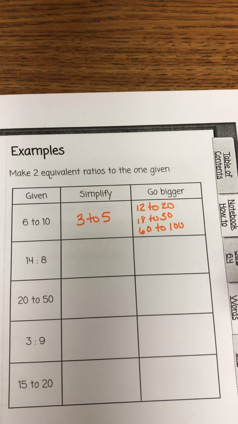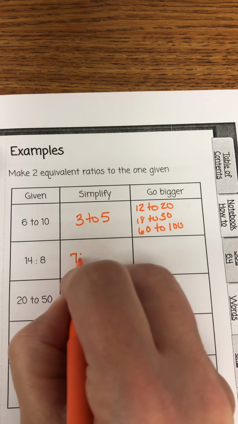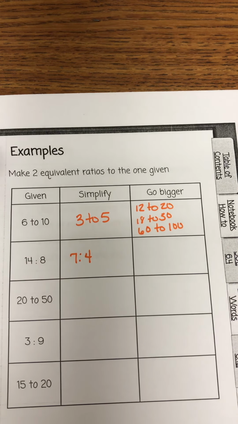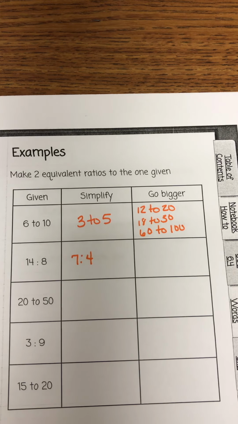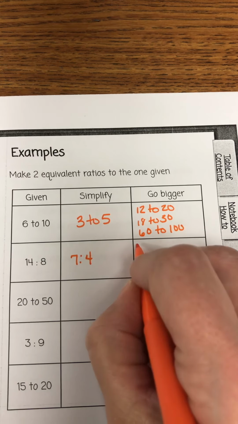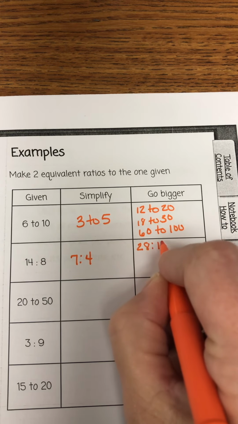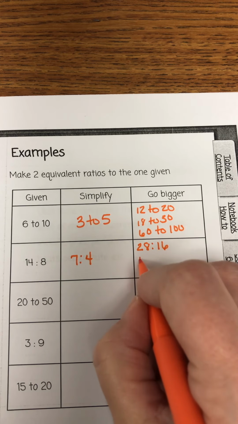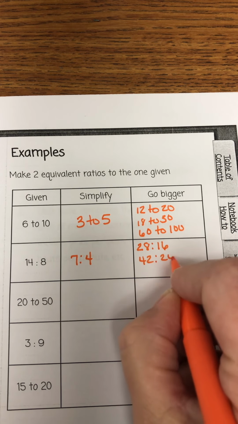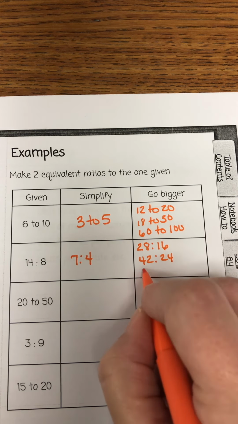And again, there's more. We're not going to list them all, but we're going to list a couple. So for the next one, you have 7 to 4. And what would our bigger equivalent ratios be? Well, you could have 28 to 16, 42 to 24, 140 to 80.